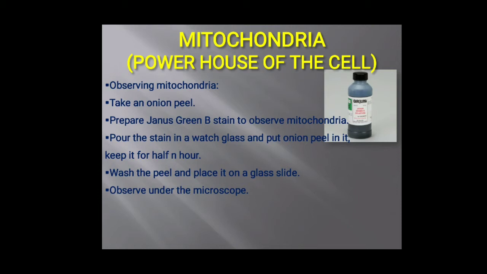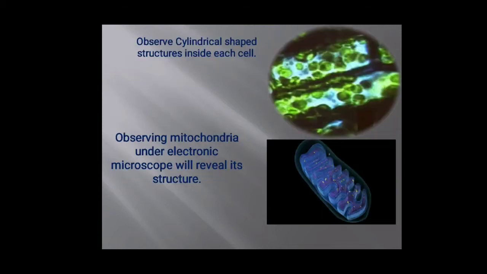Cover it with a cover slip and, as usual, observe that glass slide under the microscope. When you observe the glass slide under high magnification of a compound microscope, you may observe the green, oval or cylindrical grain-like structures scattered inside the cytoplasm. These are nothing but the mitochondria.